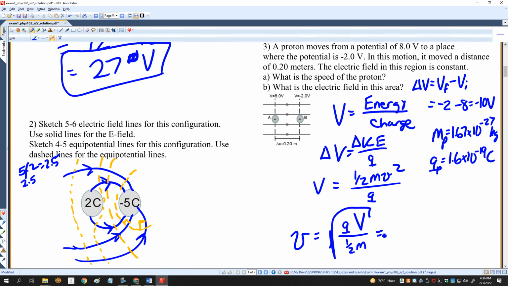So I have 1.6 times 10 to the minus 19. I'm putting this in parentheses. I'm doing the square root of the whole thing. Times V, which is 10, divided by 0.5 times 1.67 times 10 to the minus 27.